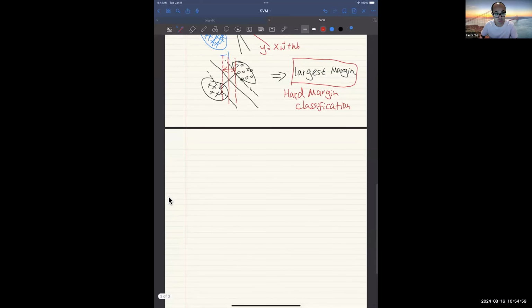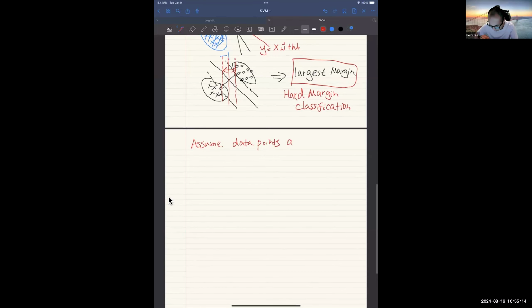The first thing we need to do is make a bunch of assumptions here. So assume these data points are separable by linear functions. If they are not separable, then we cannot talk about the largest margin at all, right? Because the margin will always be 0. This is something that we need to assume, and we do not always have that kind of situation.